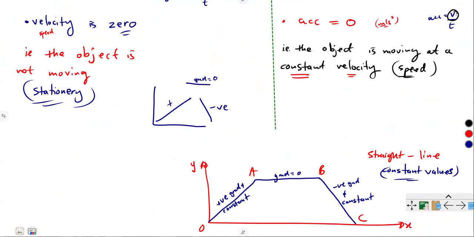The reason being, for a vertical line, we do not have the gradient. We cannot calculate the gradient on a vertical line because the x values are the same. The y values can change. Let's say at this point it is y1. It can change to another point, which is y2.